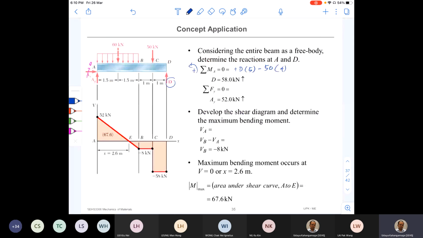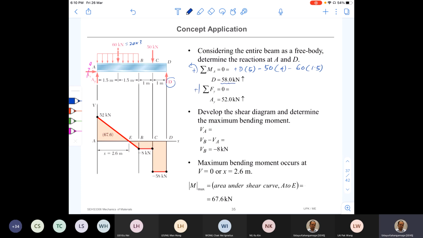So this should be 20 into the total distance 3 meters. That is why it is 60. And then it is right at the middle, 1.5 away from the point A. So therefore it is negative 60 into 1.5. Okay, after simplifying, you get this answer.